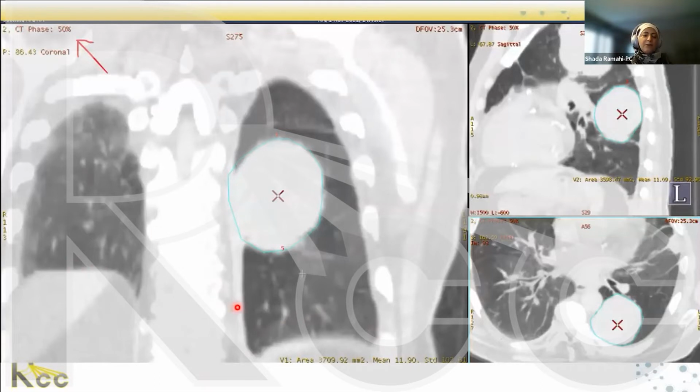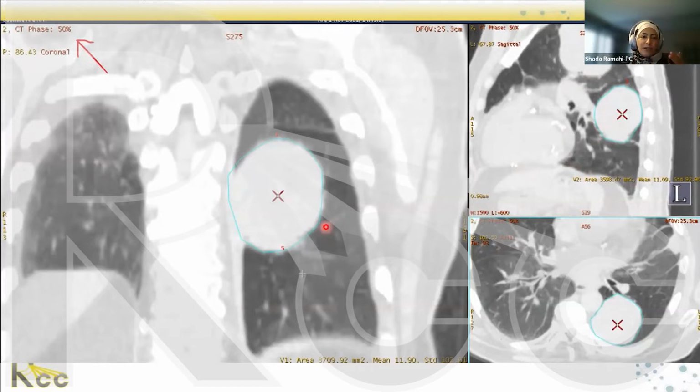In fact, if the 50% phase shows a lot of artifacts, you need to rescan. First of all, you have to coach the patient again, and then you have to rescan. Do not use 50% if there is motion artifact. And you can easily look at motion artifacts if you look at the digital cut. It's very obvious in the sagittal cut.